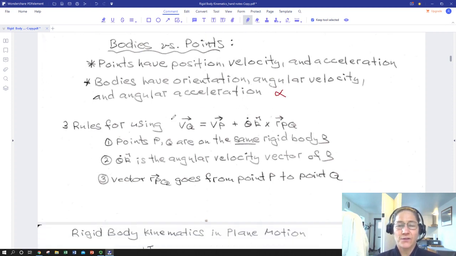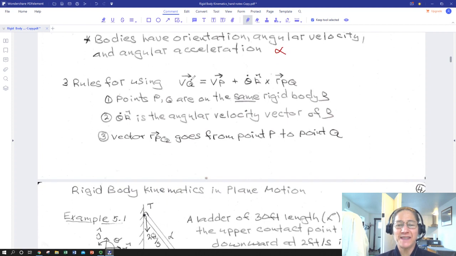Okay, three common mistakes for using our v of point 2 equals v of point 1 plus the angular velocity of the body versus the external reference frame crossed into the radius vector from point 1 to point 2. These points P and Q have to be on the same rigid body.